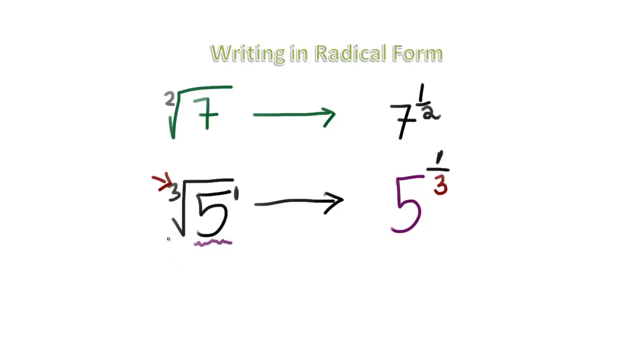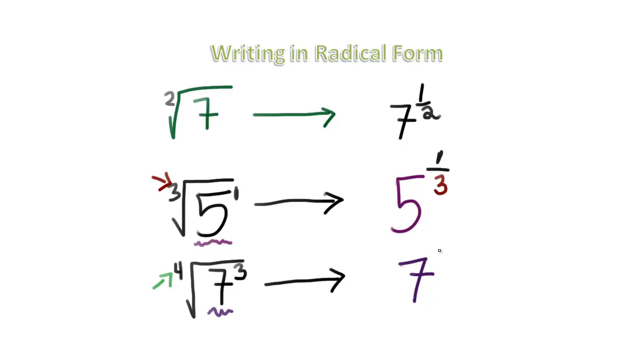Let's do one where we have the 4th root of 7 cubed. How about we convert that into exponential form? Again, we'll start off with the 7 right here, and this is the 4th root, so this 4 here will be your denominator.